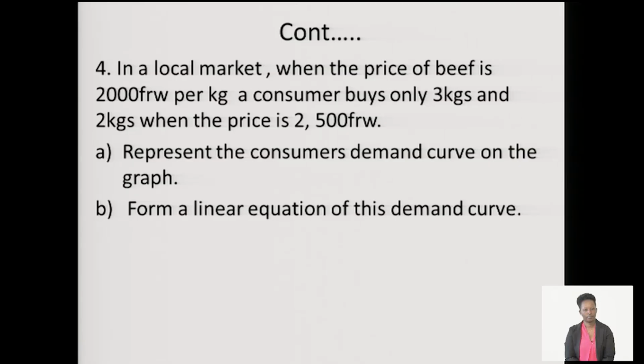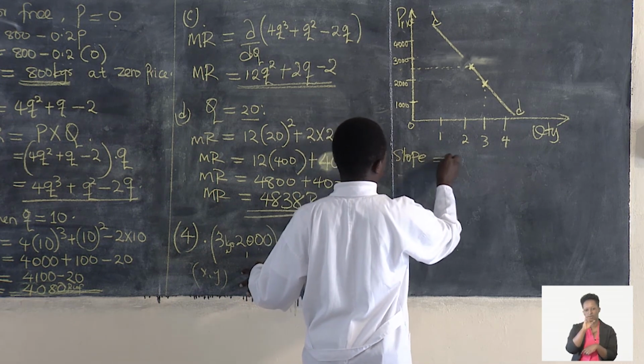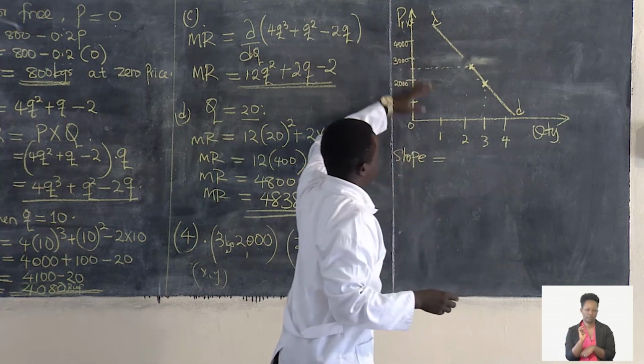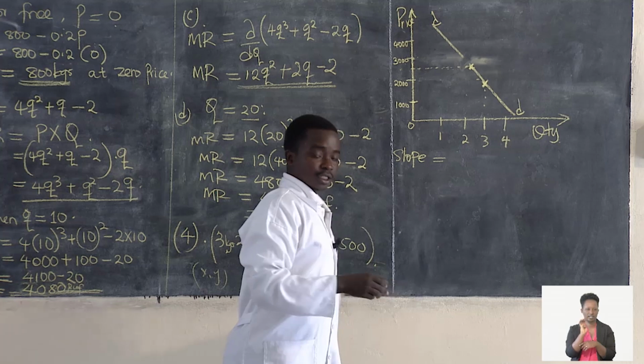So now we can continue with part B, where they need us to form a linear equation of this demand curve. With this linear equation, you first need to calculate the slope or the gradient, which will be, in this case, change in y over change in x, which is change in price over change in quantity demanded.